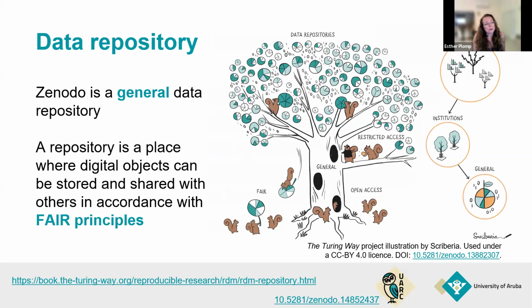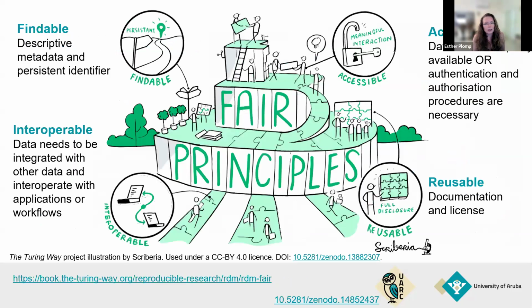So what is Zenodo? Zenodo is a general data repository. And a data repository is a place where digital objects, such as research objects, can be stored and shared with others, and it's in compliance with the FAIR principles. And if FAIR is the first time you've heard about that today, I'll briefly explain FAIR.